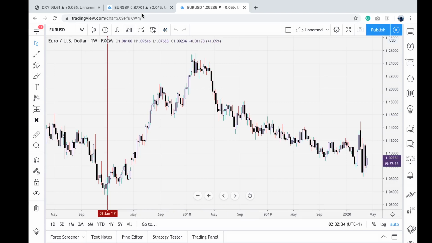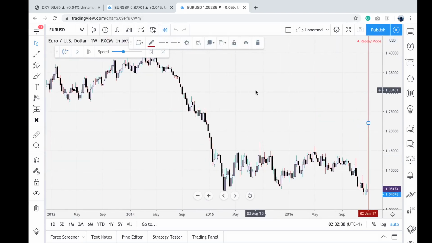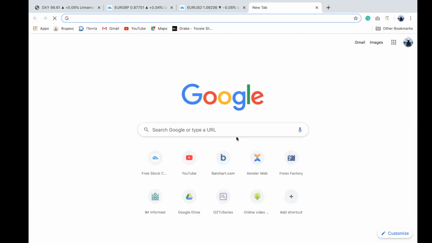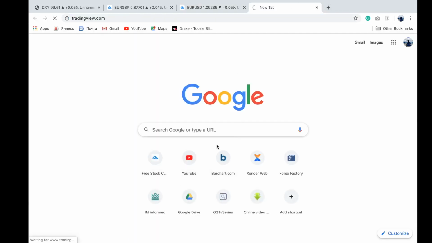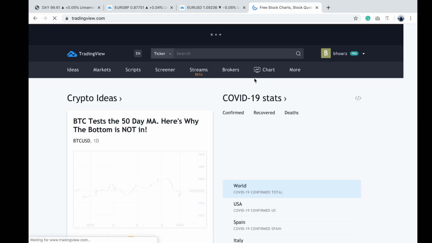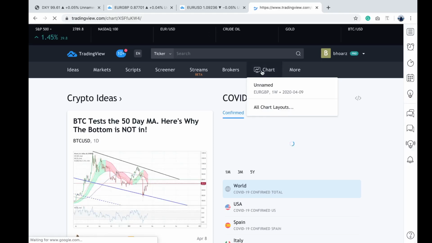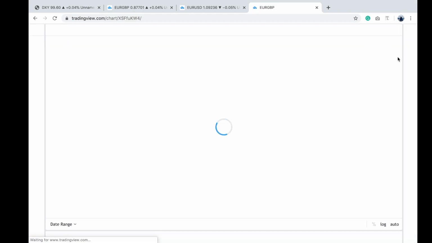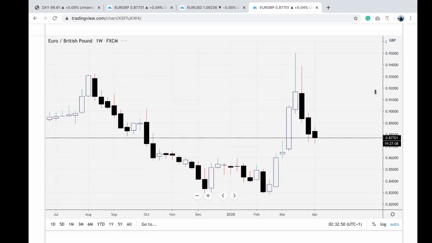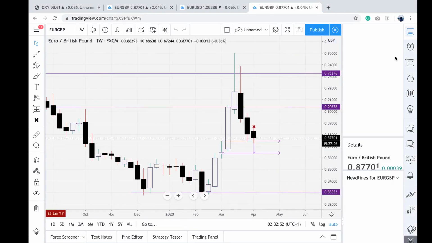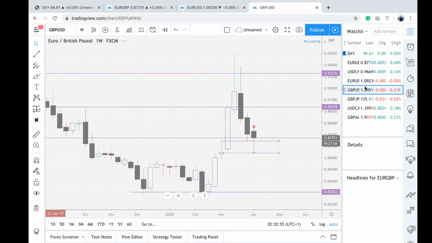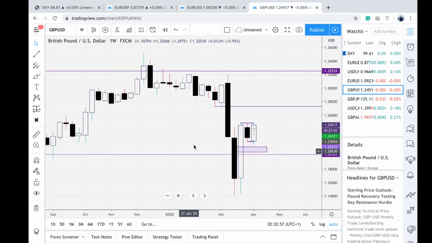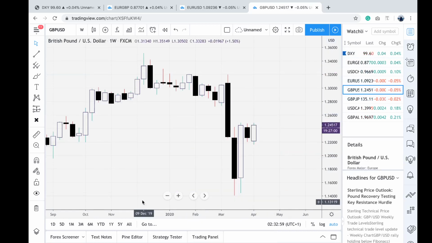Okay, so we made a mistake. We'll set that up. Then one more tab, pound dollar. Okay, so pound dollar, we set that up also. Remove all drawing tools.